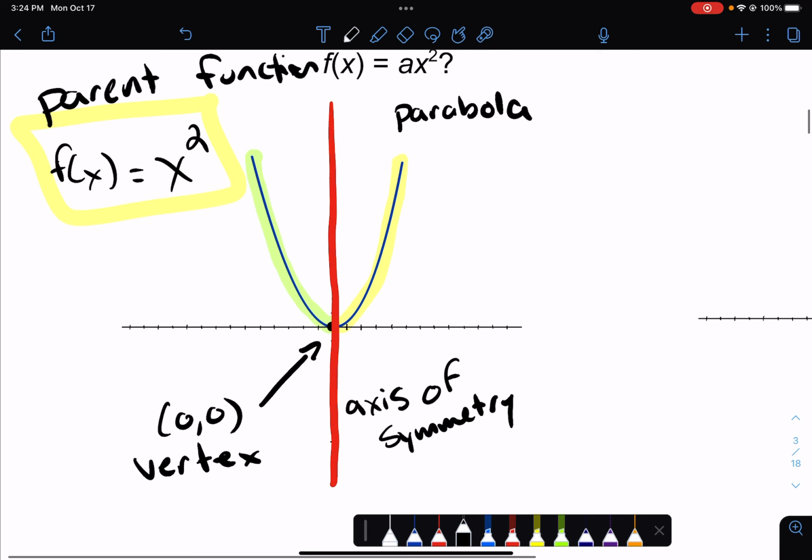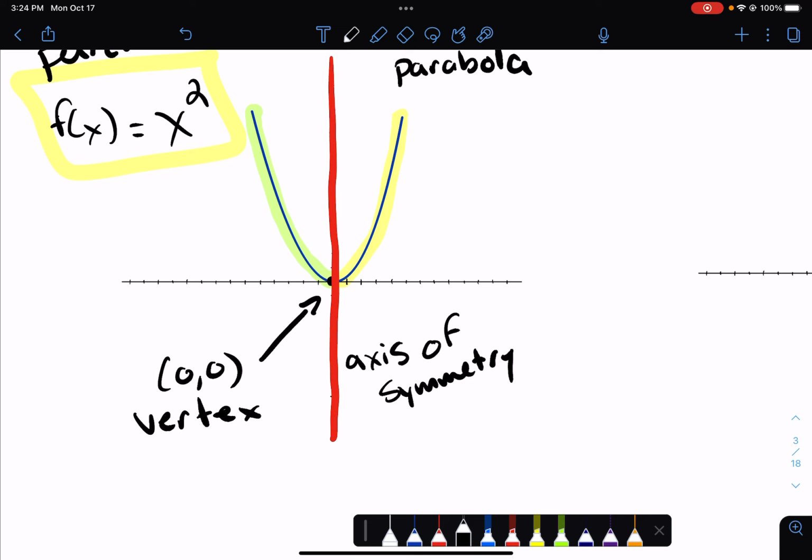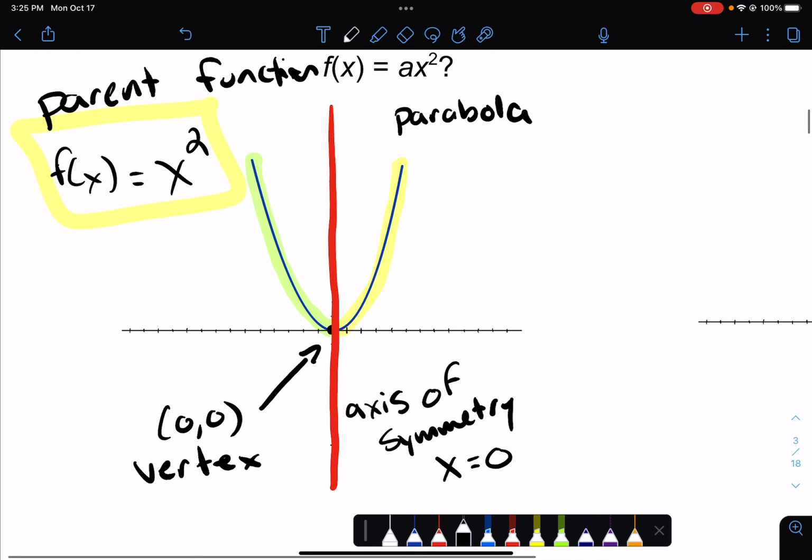And in all parabolas, it goes straight up and down. And it actually has an equation. Like this one would be x equals 0 because it goes straight up and down through the x value 0. So my axis of symmetry, my mirror line that goes up and down the middle, is x equals 0.